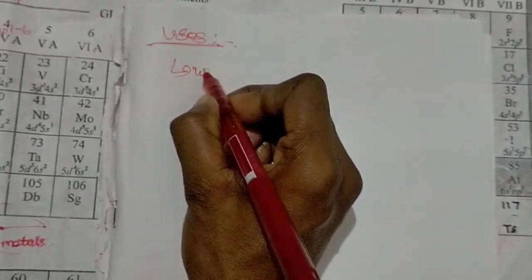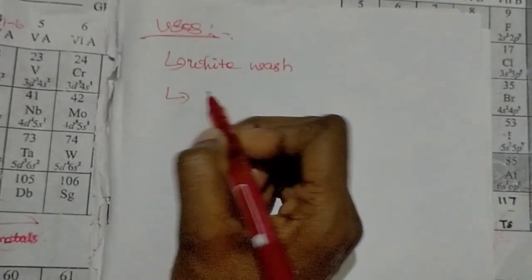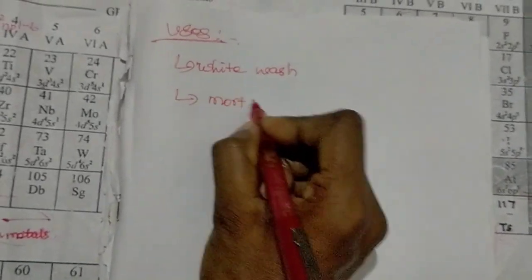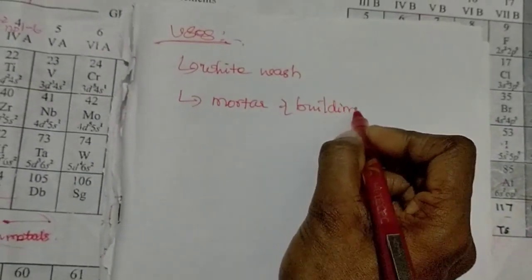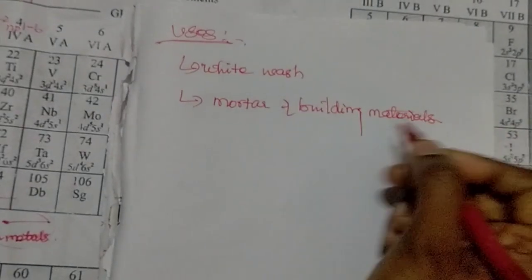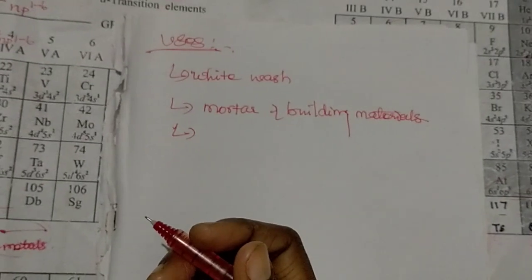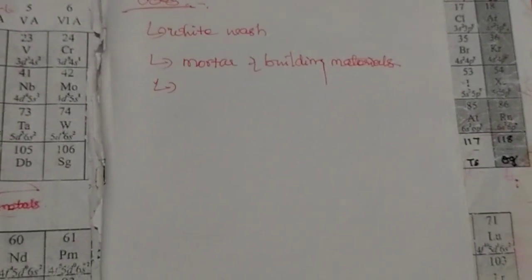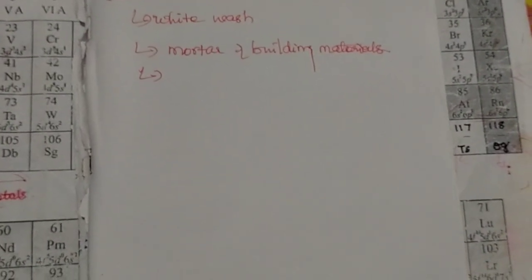Generally, calcium hydroxide is used in whitewash because of its disinfectant nature. It also takes part in the preparation of mortar and building material, and we also use calcium hydroxide to prepare glass and in tanning industries, for preparing bleaching powder, and in the purification of sugar.